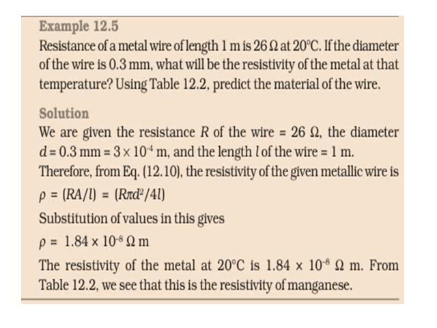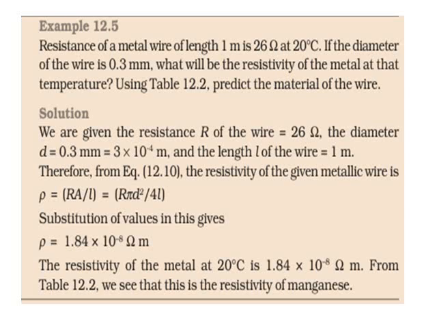So we actually need the value of r. Radius is equal to diameter divided by 2. So substitute in the formula pi r square, then it will become pi D square by 4. So RA by L will become R pi D square by 4L.